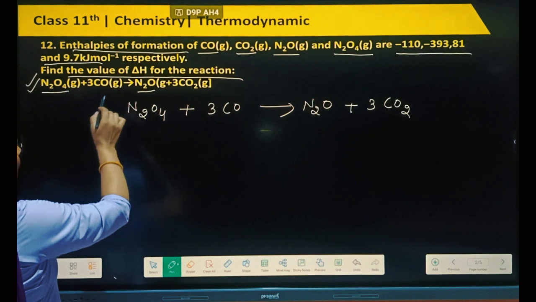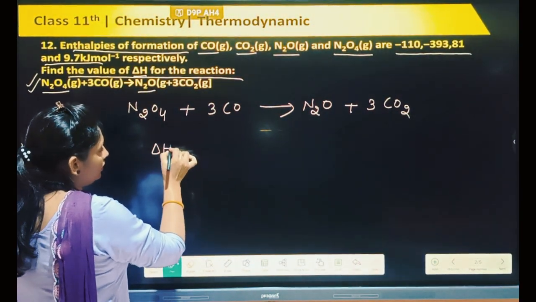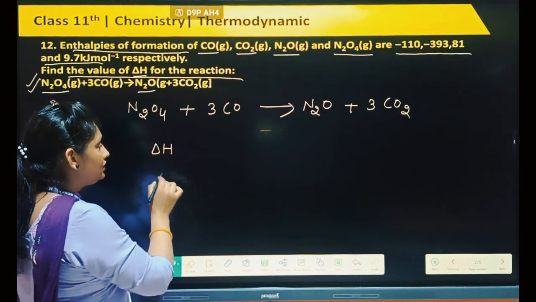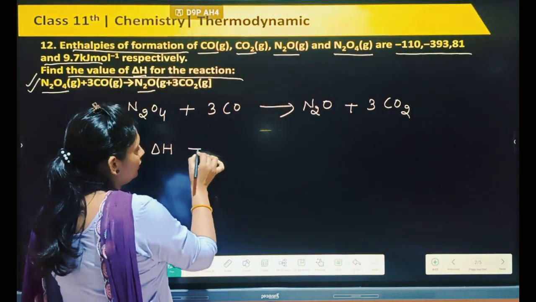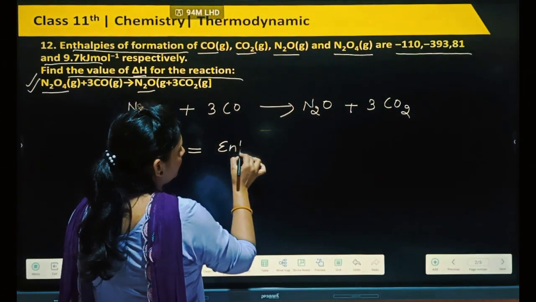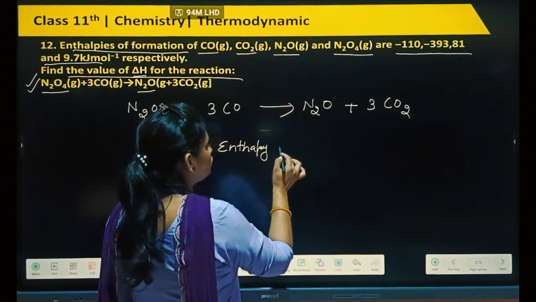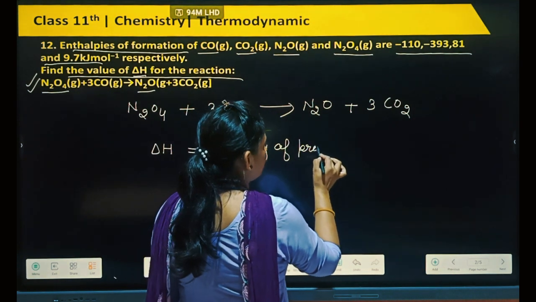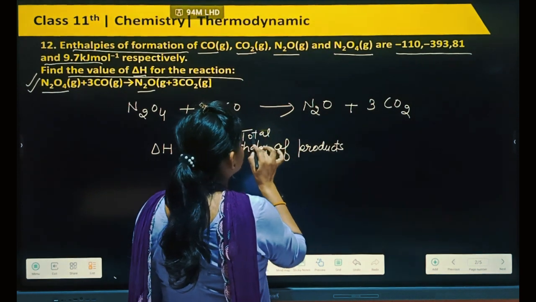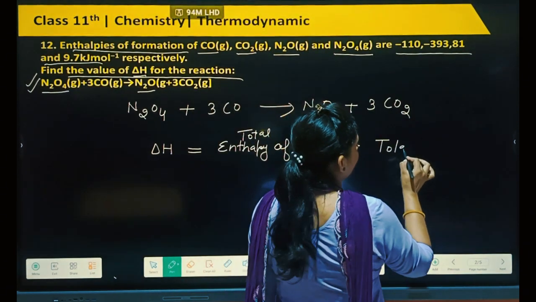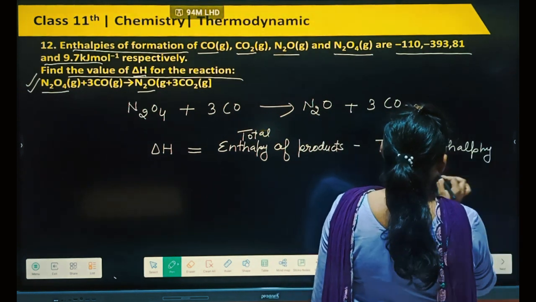Here you will calculate the value of del H, means enthalpy change during a reaction. Students, the enthalpy change during a reaction we can calculate as total enthalpy of products minus total enthalpy of reactants.